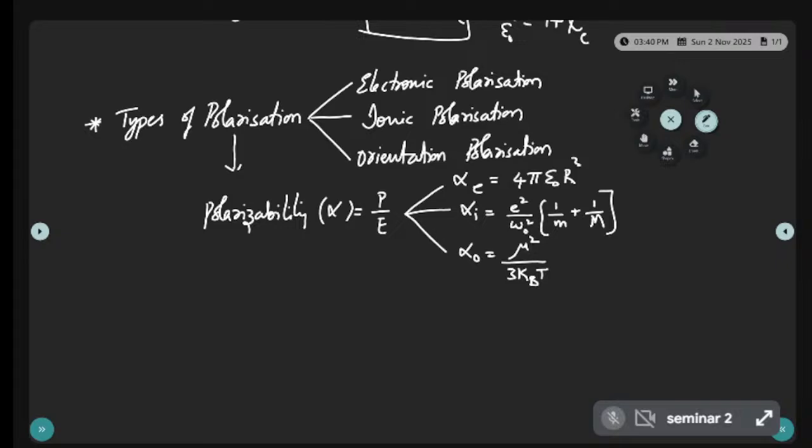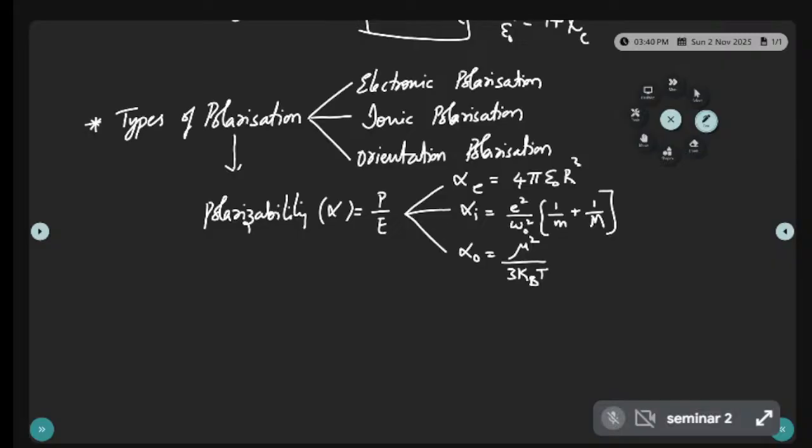An ionic bond is formed by transfer of electrons between two atoms. Which atoms? Actually an atom changes into an ion. How? By transfer of electrons. So one atom loses electrons, another atom gains electrons. So the atom which loses electrons will become what charge?